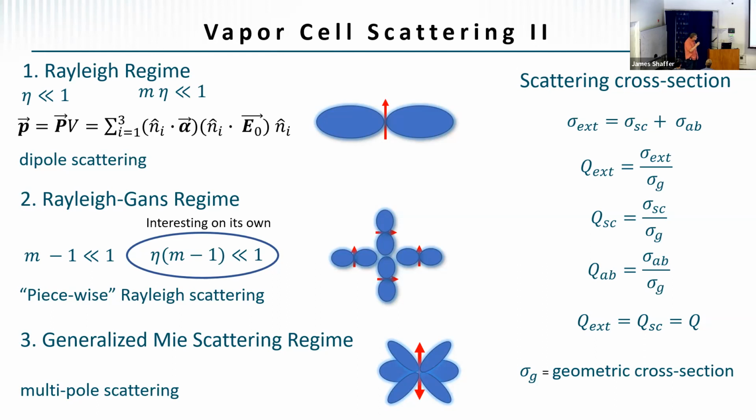It's not hard to reach this for a broadband vapor cell. If you remember, one of the things that we would like to do is take advantage of that broad bandwidth that the Rayleigh atom offers us. This is probably the more important regime that we try to reach, which is called the Rayleigh-Gans regime, where the index of refraction here is, I guess, designed to be close to the medium that it's placed in, air.